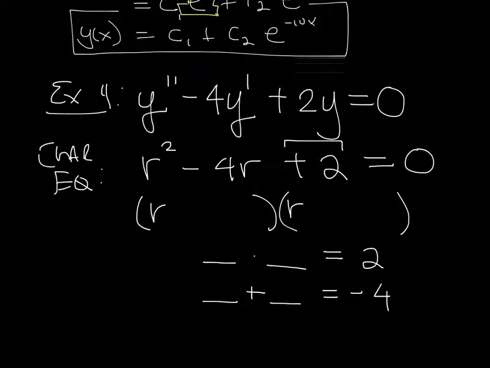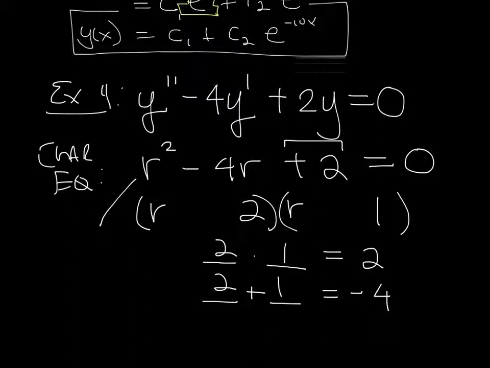Well, the only two numbers that multiply to 2 are 2 and 1. But 2 plus 1 is never going to give me -4. If I make them both negative, that'll be -3. And if the signs are opposite, it's never going to give me -4.